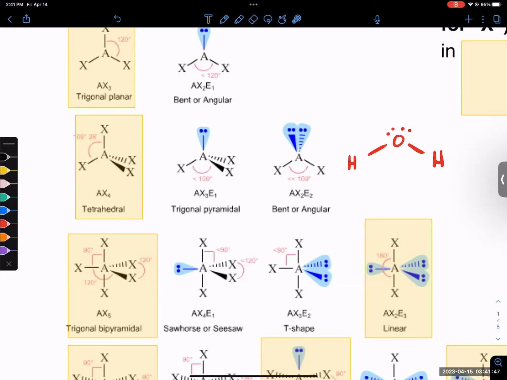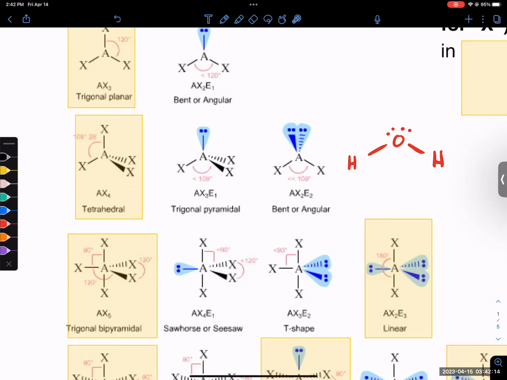Yeah, you're right, I just couldn't hear you, sorry. So you have 4 electron regions, which falls under electron geometry of tetrahedral. But because you have 2 lone pairs, you have a bent shape. So your molecular geometry is bent, while your electron geometry is tetrahedral for water.